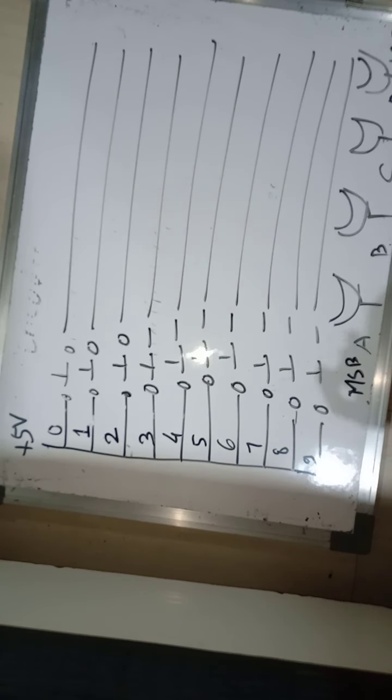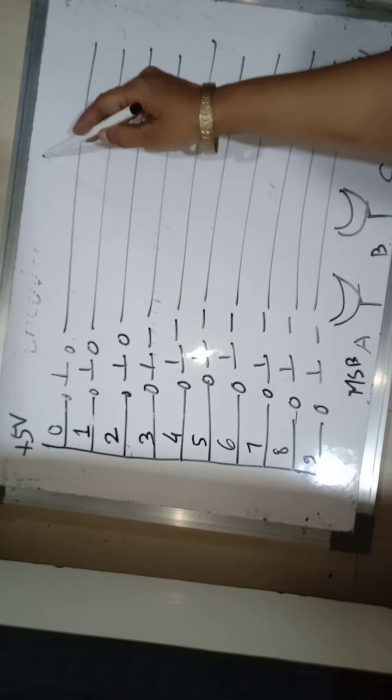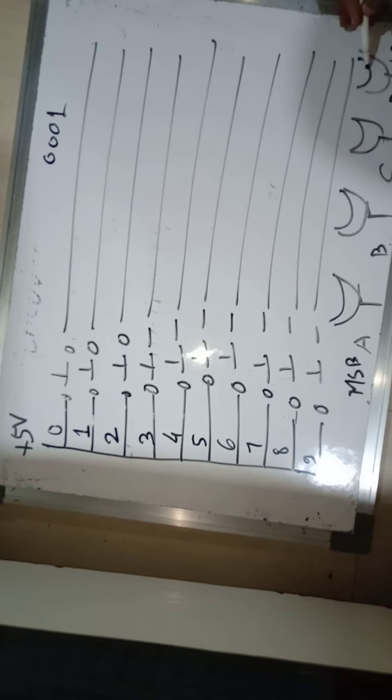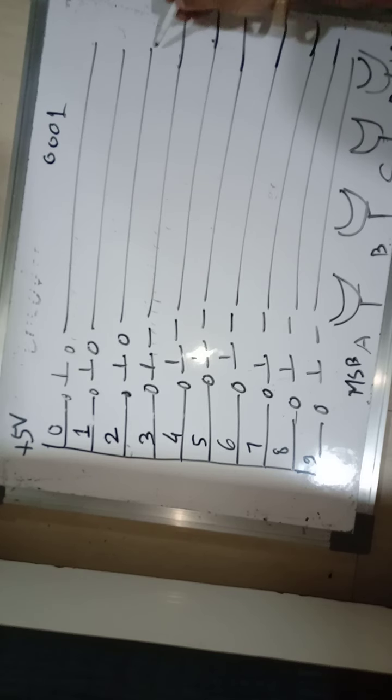When you want to represent all these numbers in binary, suppose 0, 0, 0, 0. If you are pressing 1, the binary number is 0, 0, 0, 1, so only the last gate will connect to the high voltage, and the other gates are 0.